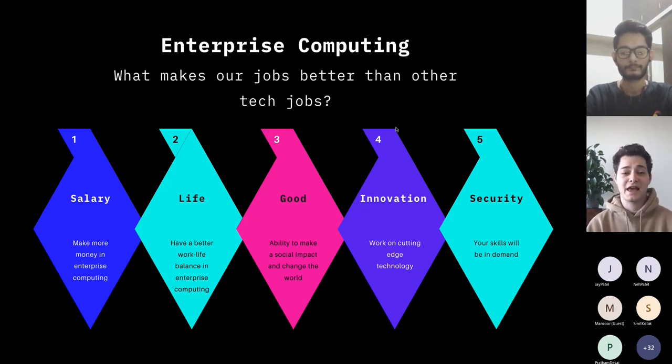And then lastly, with job security, and this might be the most important one on the list, these enterprise computing skills are in extremely, extremely high demand. Last year, I think we all know job surveys were a little bit difficult to undertake with the pandemic and the state of the world, but our most recent more accurate job survey found in 2019 that there were 82,000 open jobs in enterprise computing.